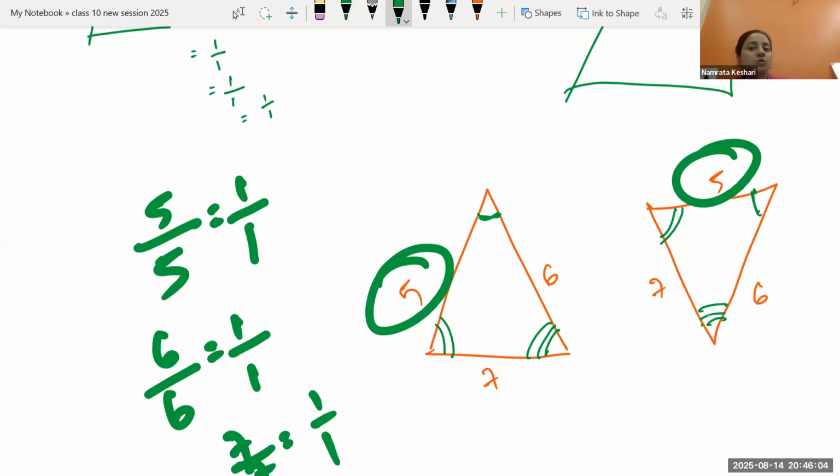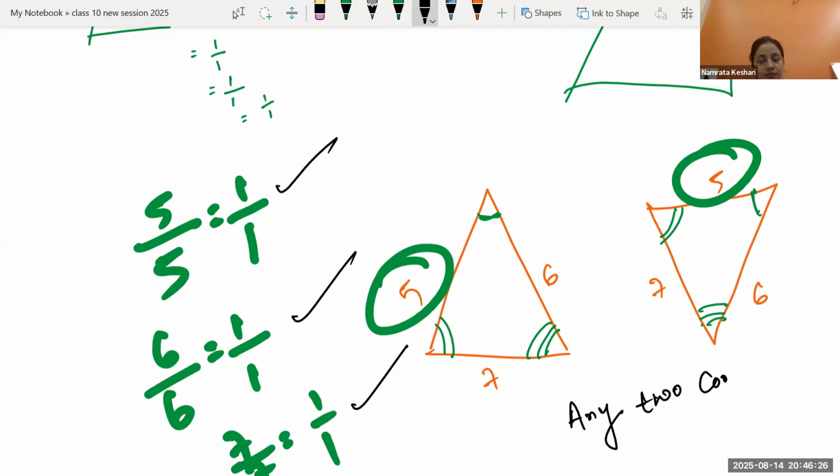Congruent also, similar also. Why? Because it is fulfilling the similarity condition. The ratios are coming the same. So the last rule is that any two congruent figures will always be similar. Clear? Yes, ma'am.